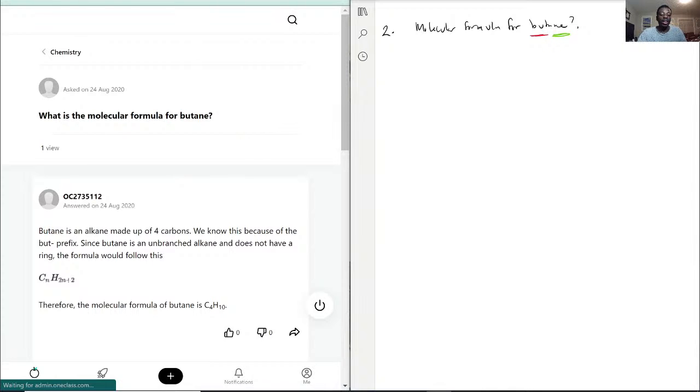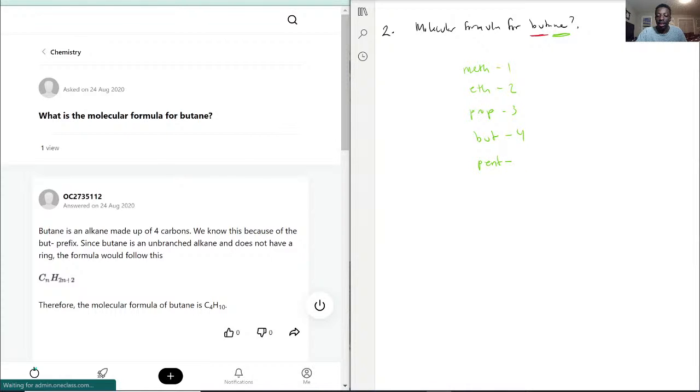So what information does that give? Unfortunately, these are things you kind of have to memorize. So BUT, okay, if you remember, METH is 1, ETH is 2, PROP is 3, BUT is 4. Now all these are in reference to the number of carbons, okay?